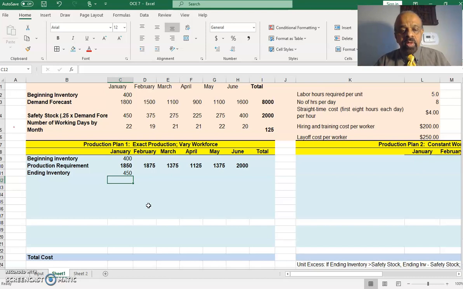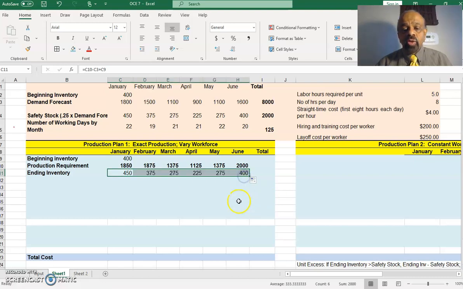What I have is I've produced 1850, and I also have this beginning inventory of 400, and I'm going to take away the demand forecast, and that is my 450. So I'm going to highlight that and copy it this way too, and this is going to change as well.